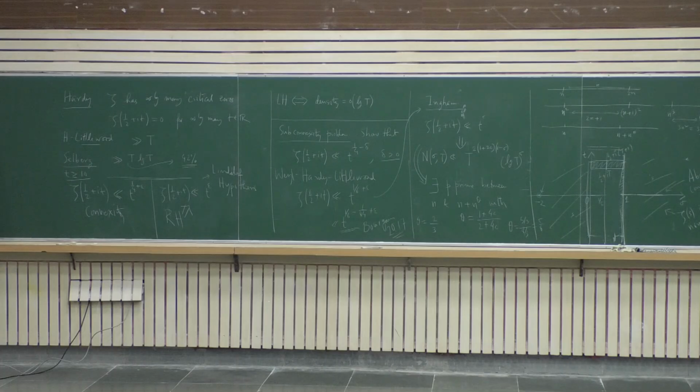So take n not congruent to 7 mod 8. Then you can show that there are a lot of representations, roughly root n many solutions.